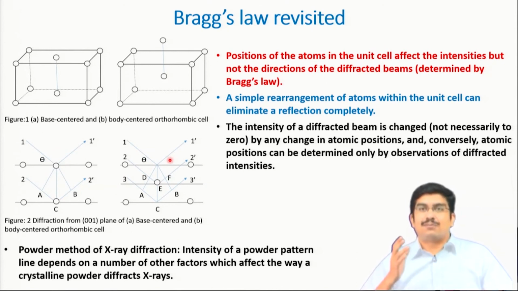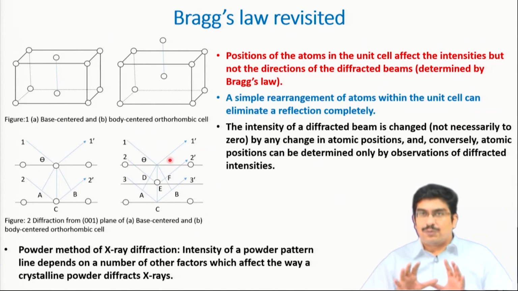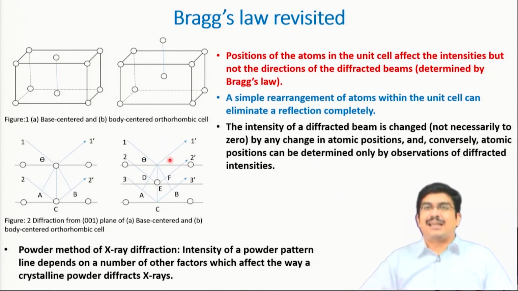Those considerations are mostly related to the atomic arrangement in a unit cell. So, what we will be discussing here is how the intensity of a diffracted beam depends on the atomic arrangement. Okay.